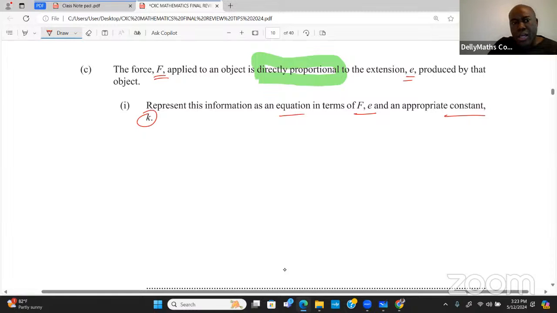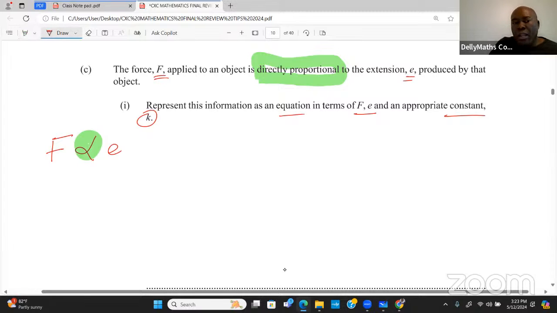In the context of the question, we're dealing with direct proportion. So with direct proportion, we were told that F is, this is the proportional sign for those who do physics. Not like you need to write it, but I'm just saying, F is directly proportional to E. This is how it is written.